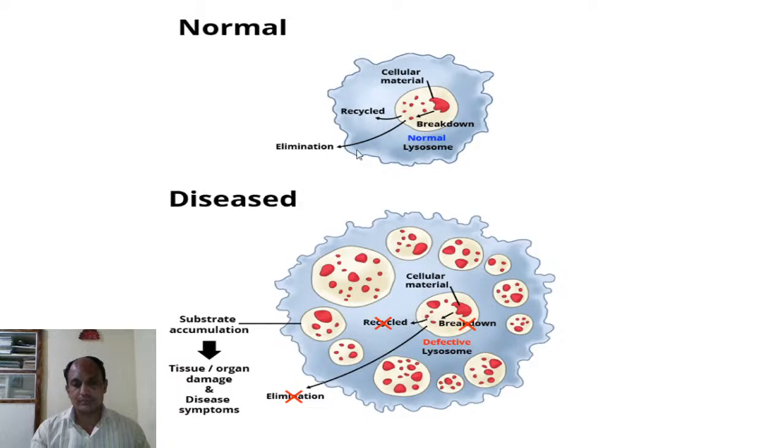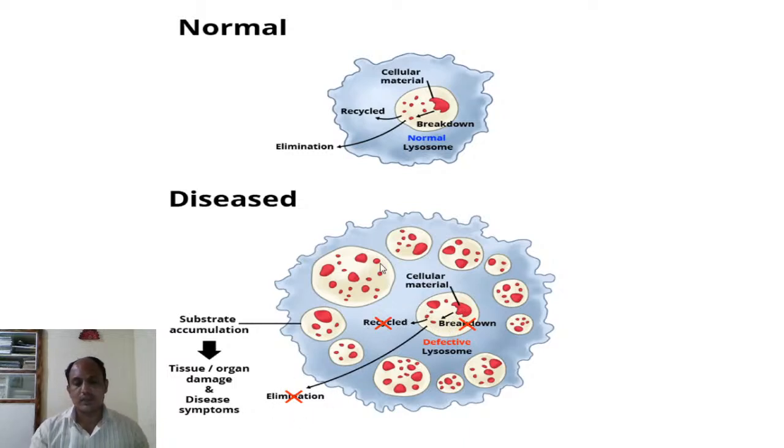See here, an elimination of digested material takes place, and at the same time a recycling of that digested material takes place in normal lysosomes. But in lysosomes which are not functioning properly, there is no recycling, no digestion or breakdown, and no elimination of that material.